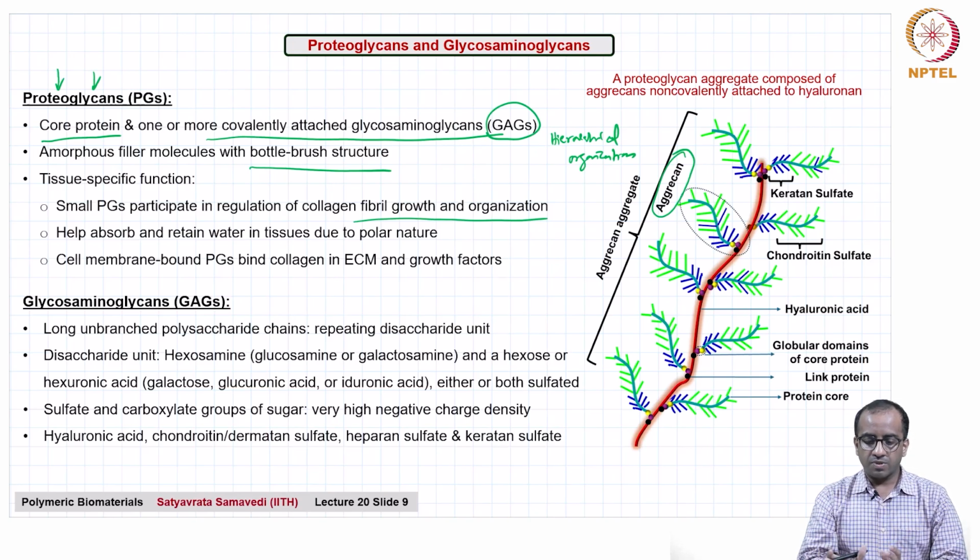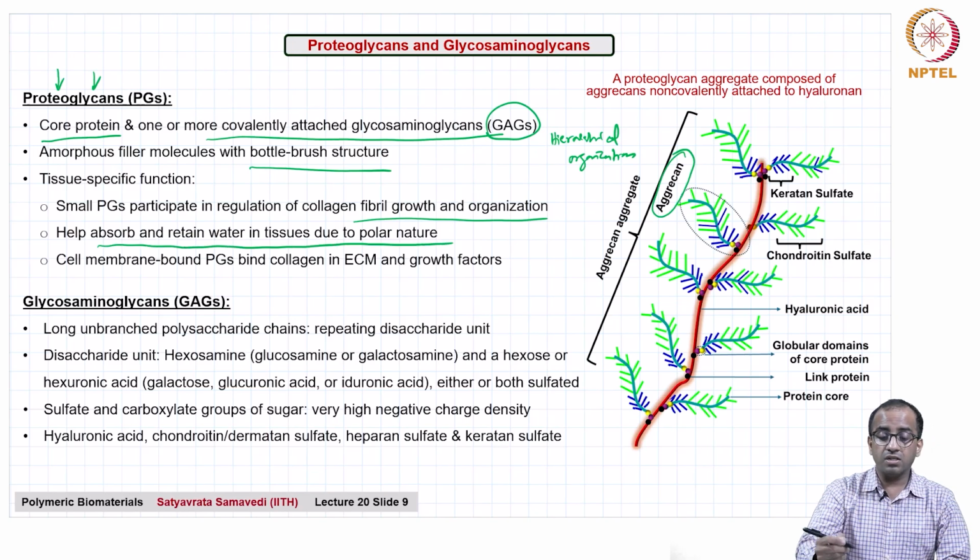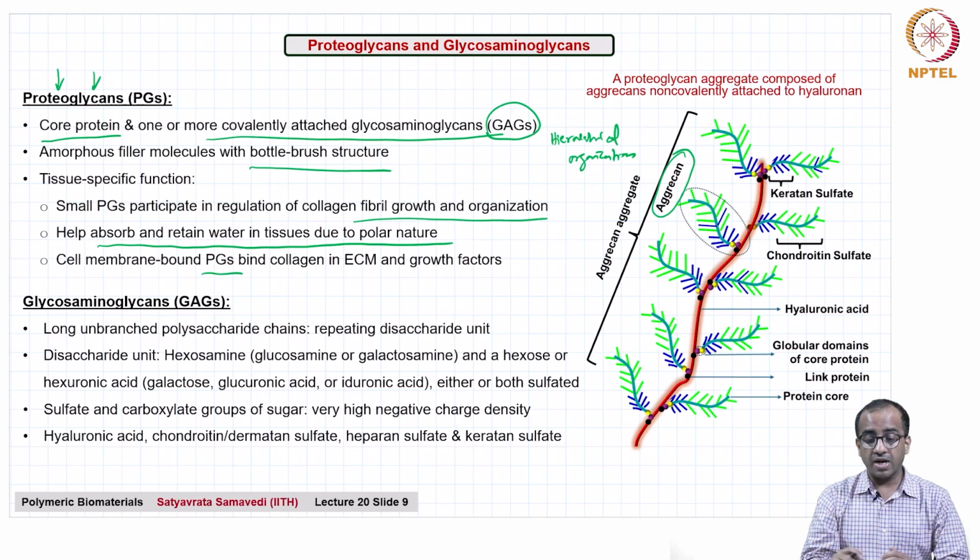Because of the large presence of charge, which largely comes from negatively charged GAGs or glycosaminoglycans, they help absorb and retain water in tissues because of the polar nature, and cell membrane bound proteoglycans can bind collagen, ECM and other growth factors.